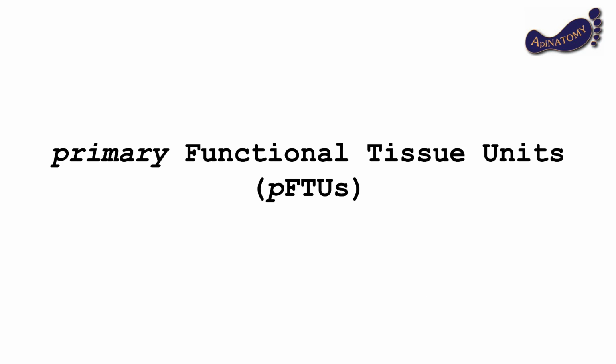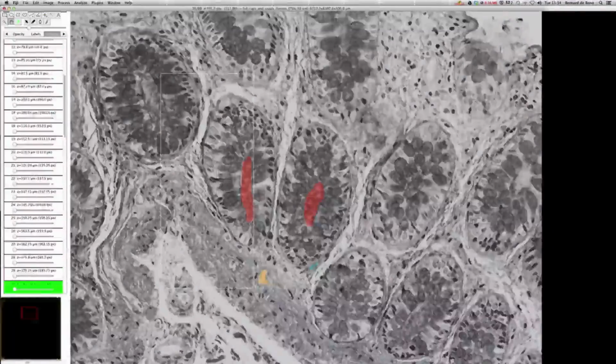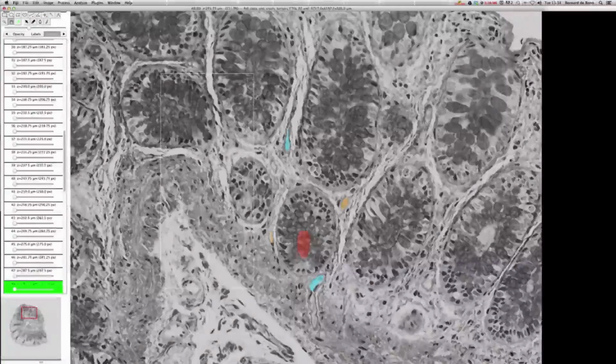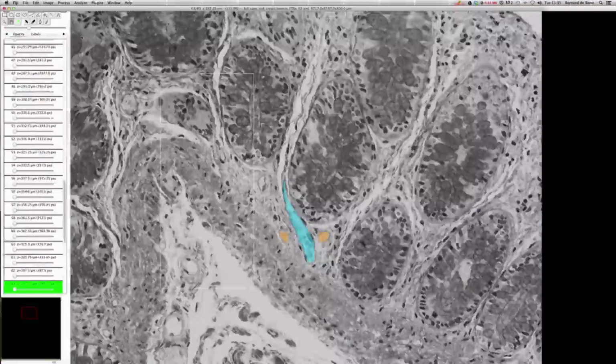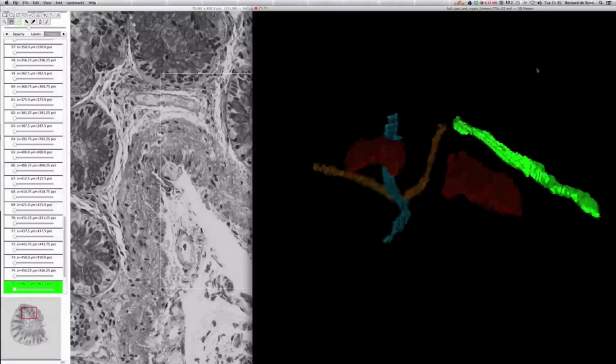A key feature of the ApiNATOMY circuit board is the integration from inception of knowledge about primary functional tissue units, known as PFTUs. PFTUs are generated from 3-dimensional histology reconstructions of small advective vessels, such as capillaries or nephrons, and from these reconstructions we calculate the diffusive field that surrounds them.